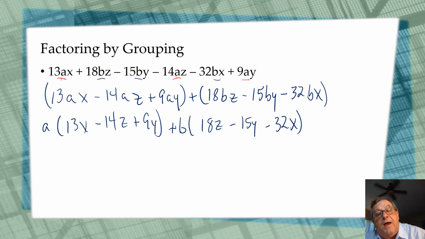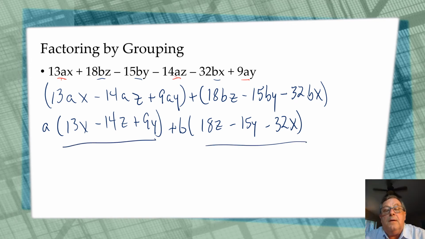But you see, I don't have common factors here. So this is actually a 6-term polynomial that I can't factor by grouping because my goal is to try to get a common factor here and here after factoring out a greatest common factor from each group.